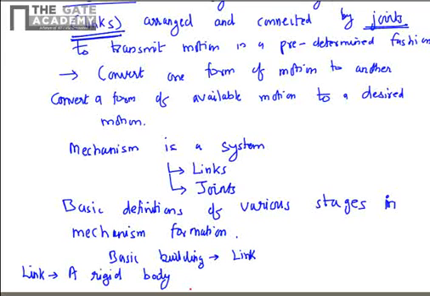There should not be any deformation of that body. If that condition of rigidity is maintained, this will help us to get the predetermined motion. Only then can we achieve the predetermined motion of components. So a link is a rigid body or a resistant body forming part of a mechanism.